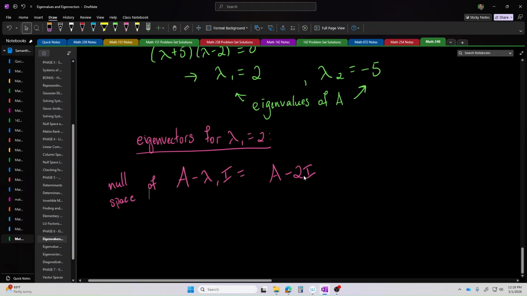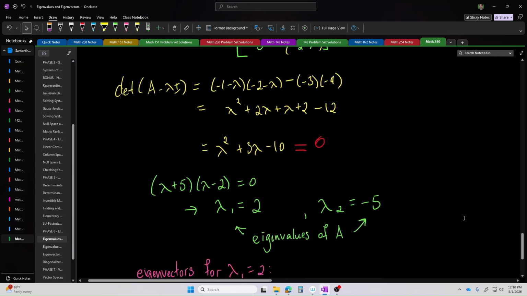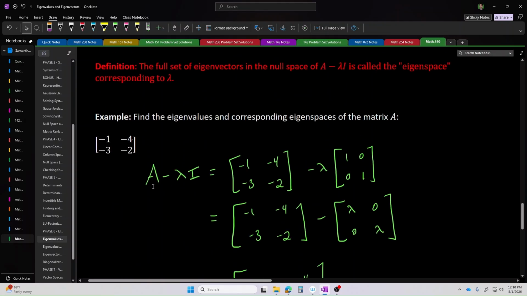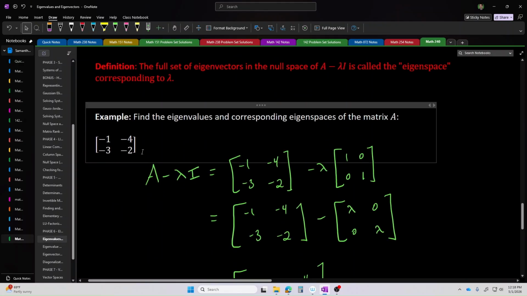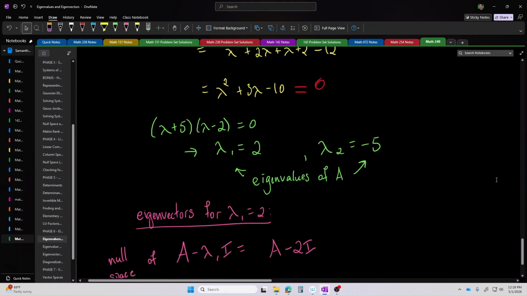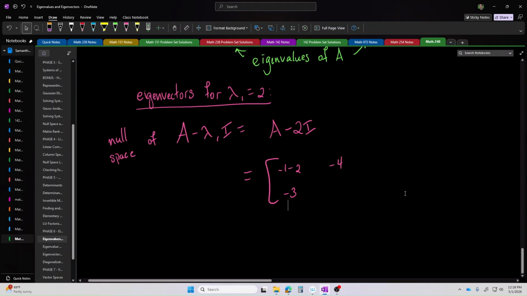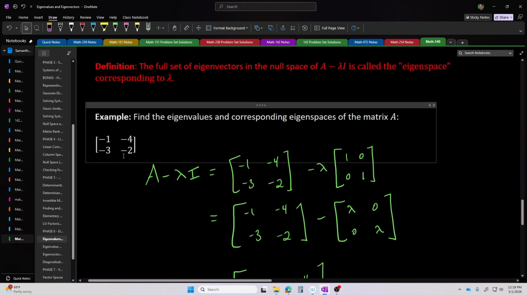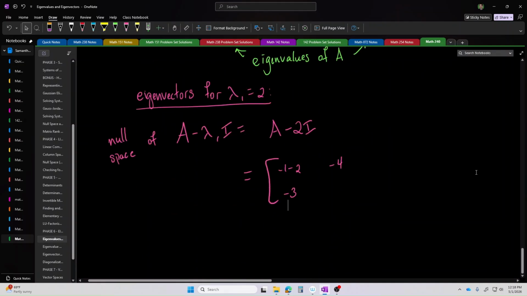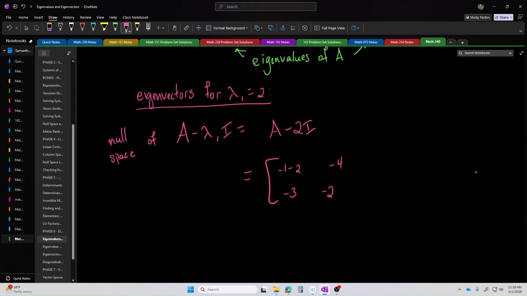Now, A minus 2 times I is going to work out to be the matrix A with the value 2 subtracted from the diagonal entries. So we're going to have negative 1 minus 2 in the upper left position. The entries that are off the diagonal will be unaffected, and then the value of minus 2 on the diagonal will get subtracted again: minus 2, minus 2.